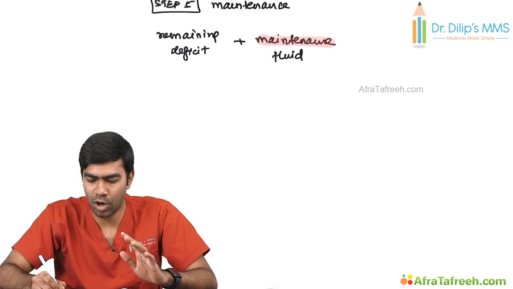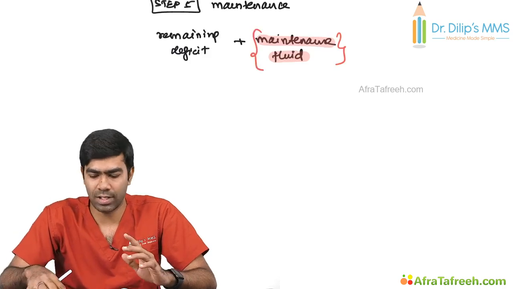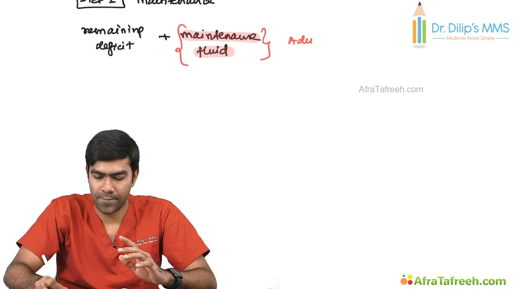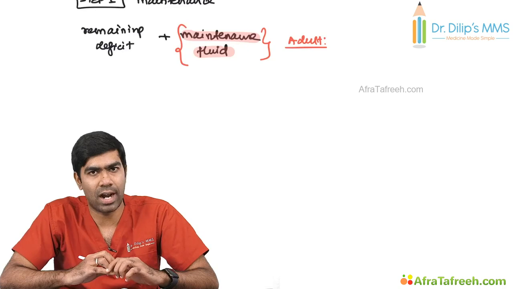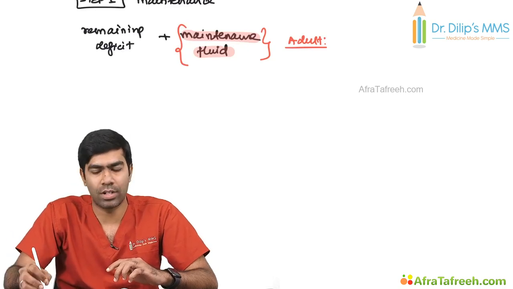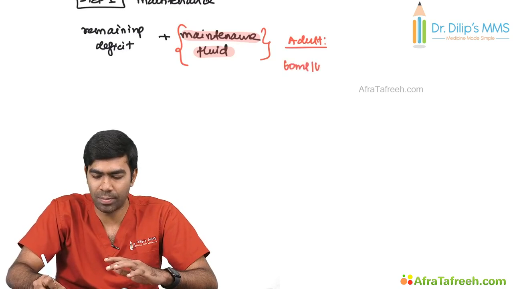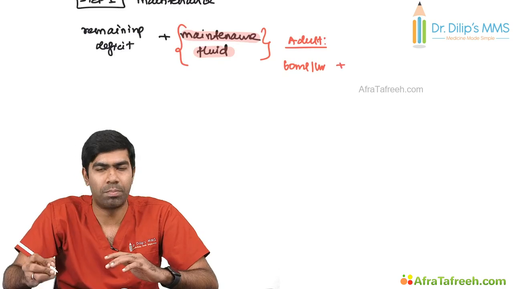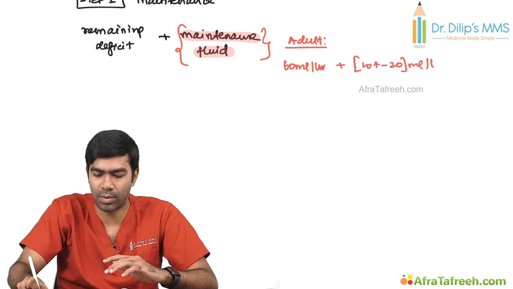But how will you know how much maintenance fluid to give? So this is dependent on, again, whether the patient of interest is an adult patient or a child. If it's an adult, usually you are going to give maintenance fluid by a simple formula, that is 60 ml per hour, that is for urine output, plus you're going to take the weight of the patient minus 20 ml per hour.